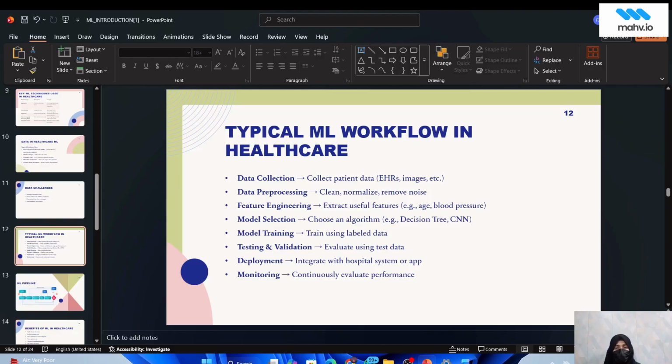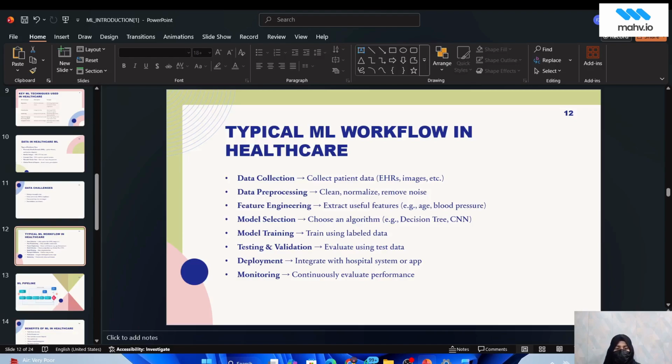And then there is model selection, that is what algorithm you have to choose, for example decision tree, CNN. And after that, model training, that is training using the labeled data, and then testing and validation, where you evaluate the performance of your model. So first of all, you train it and then you validate it.